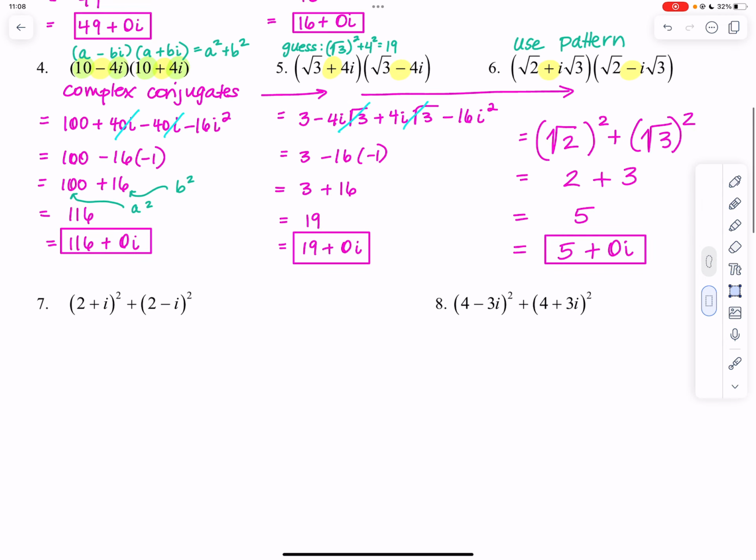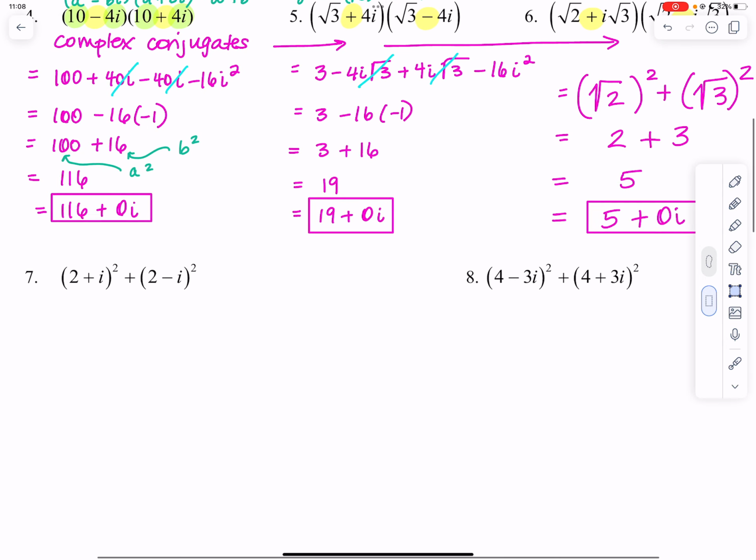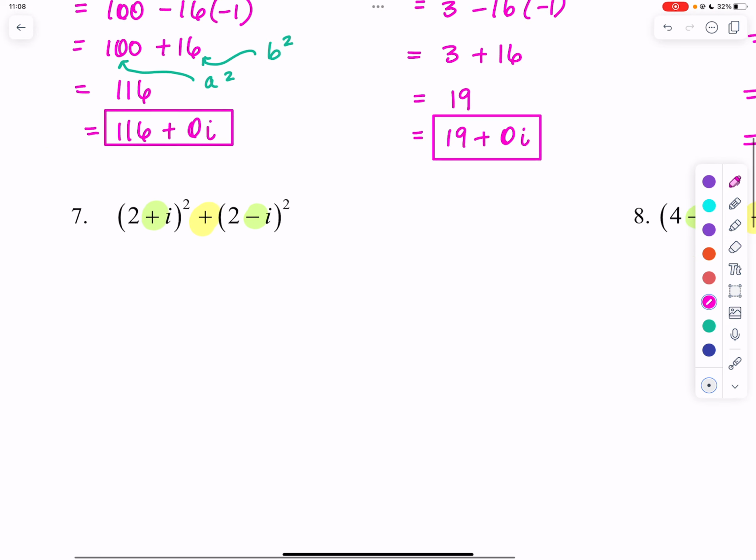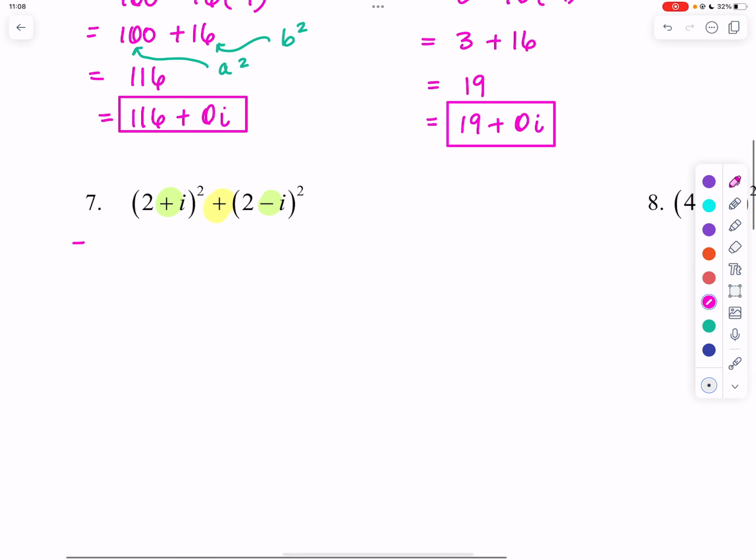Okay, let's look at number 7 and 8. As you can see, we have complex conjugates squared and then added together. So complex conjugates you can see, and then we are adding them together. So let's see what happens in this special product.